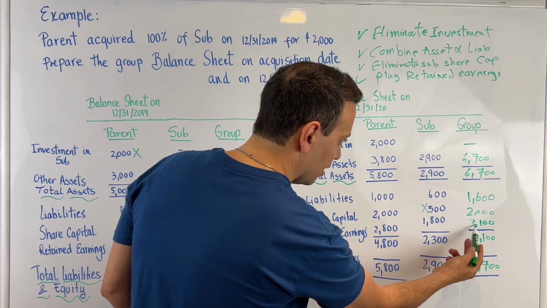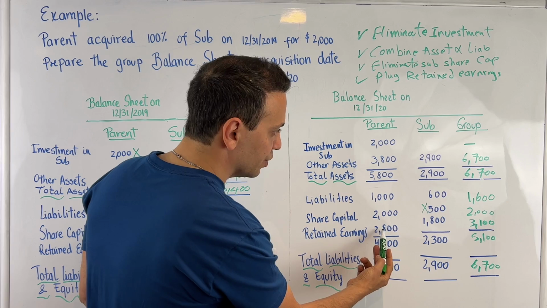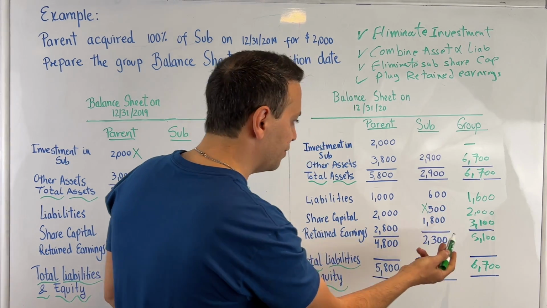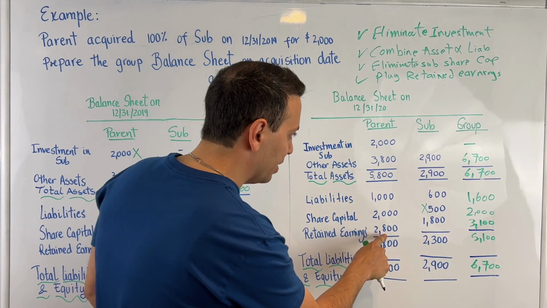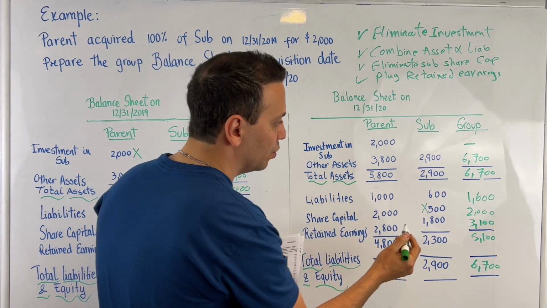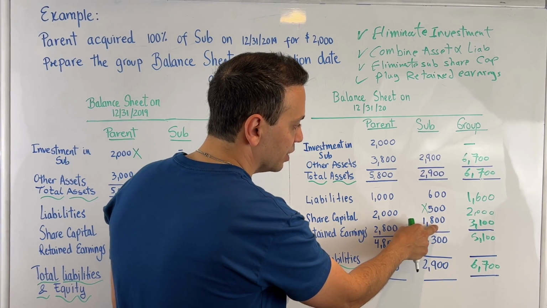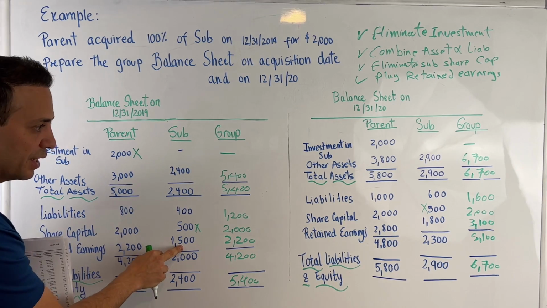So if you look at 3,100, how that's increased from the parent, which has 2,800, the difference is 300. That 300 difference that you see between 3,100 and the parent is exactly equal to the increase in retained earnings in the sub. So look, the sub has 1,800 here in retained earnings and had 1,500 a year before.